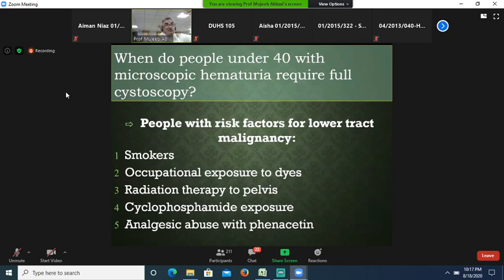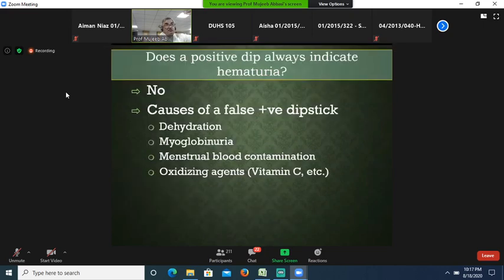Now, dipstick would be positive most of the time. Does that signify, or is it necessary to investigate all dipstick positive patients? No. The reason is there are false positives and false negatives. It could be positive in dehydration, myoglobinuria, somebody having periods, and oxidizing agents like vitamin C can cause dipstick positivity because of the chemical reaction.